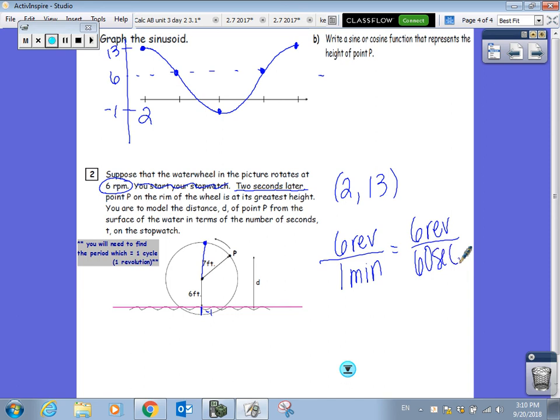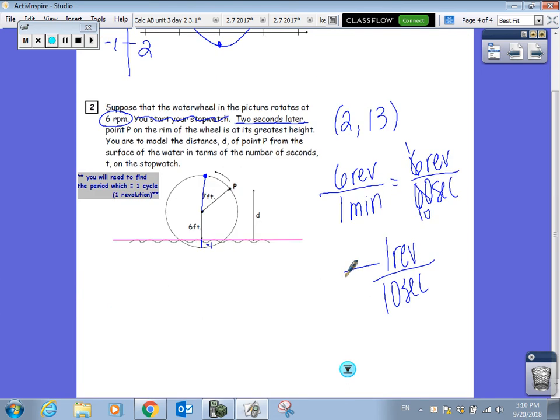Simplifying by dividing by 6, I get 1 revolution every 10 seconds. And 1 revolution is a cycle, and a cycle is the period.